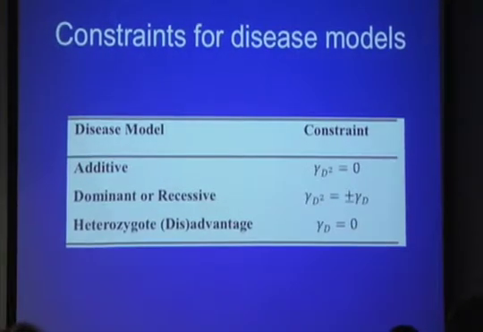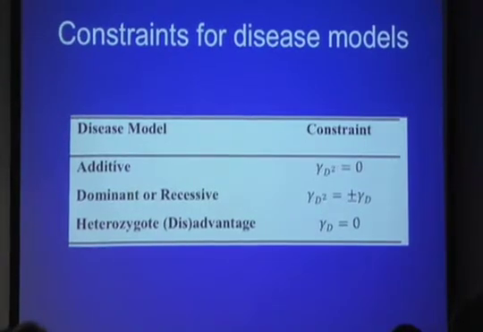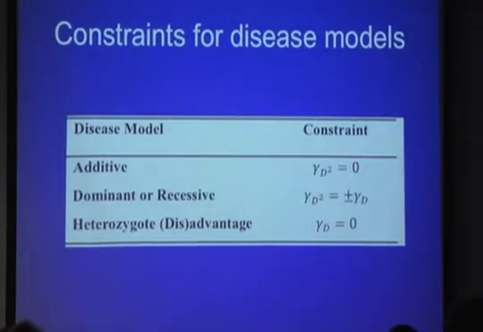So what that boils down to is the following. These are constraints. Without going into detail, because I want to get through this, the geneticists may ponder over this: it is additive if the coefficient for d squared is 0. It's dominant or recessive according to whether that's plus or minus 1. And if this is 0, then that's a heterozygote advantage or disadvantage.